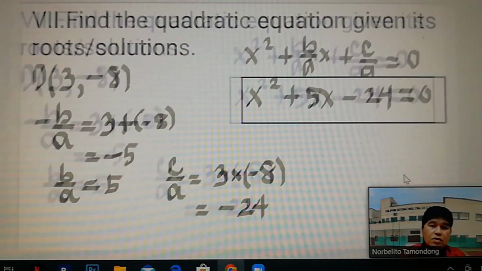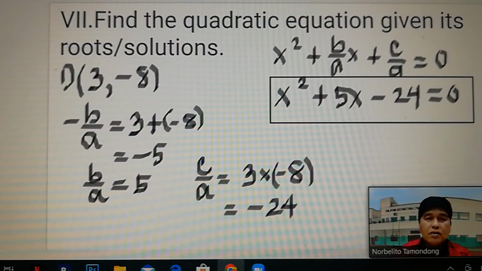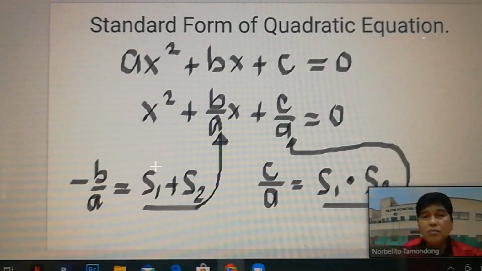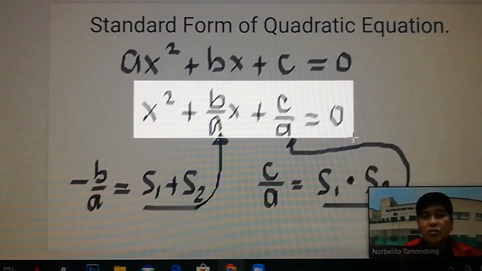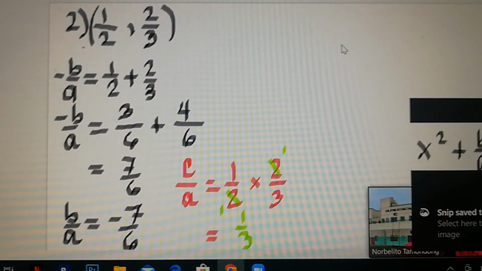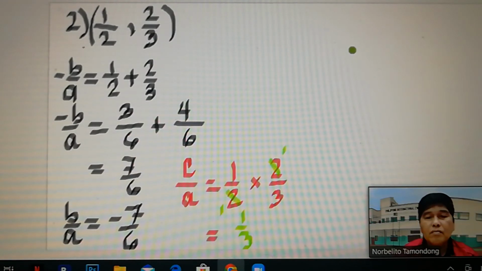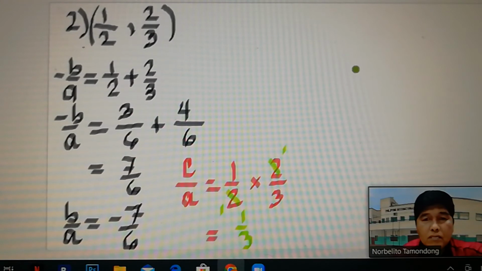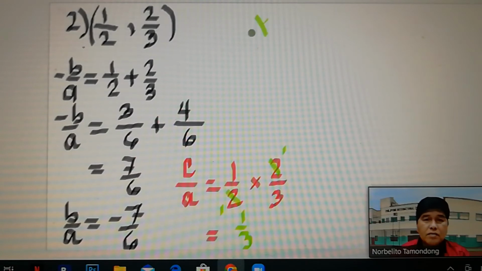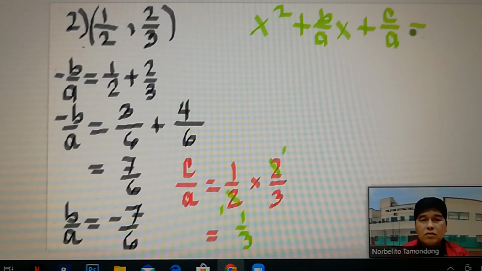Then substitute this to the equation. X squared plus b over a x plus c over a equal to 0.